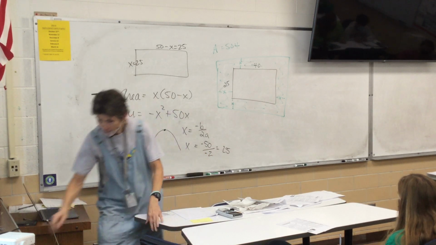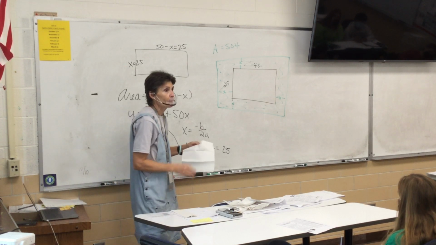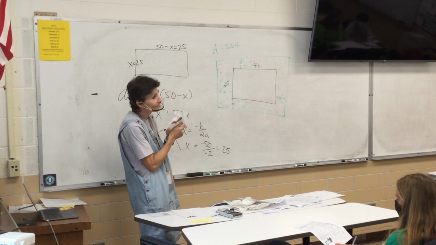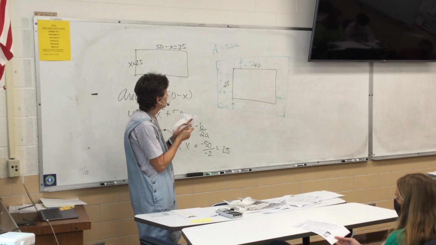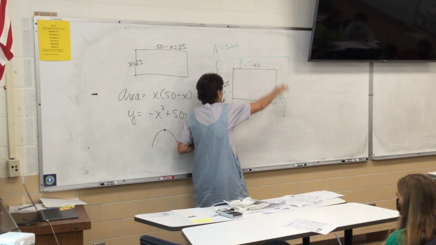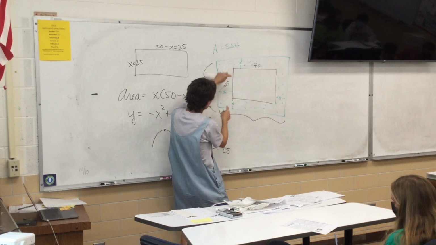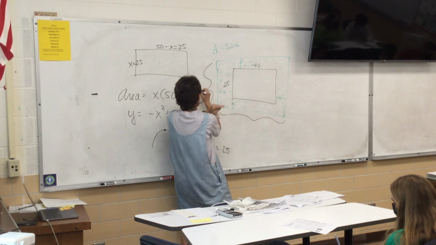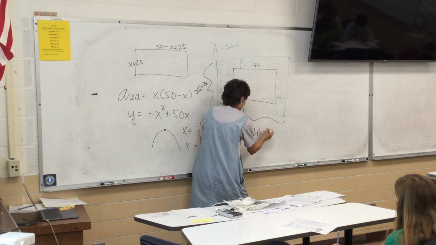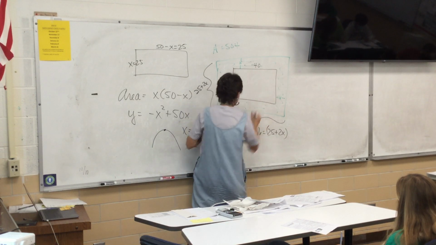Okay, I don't know, what do you think? Any ideas? Yeah, Abby? Thank you for having ideas today, by the way, go ahead. Like 25 plus 2x times 40 plus 2x. Oh, the area of the whole shape, she's saying the entire shape will be 25 plus 2x times 40 plus 2x.